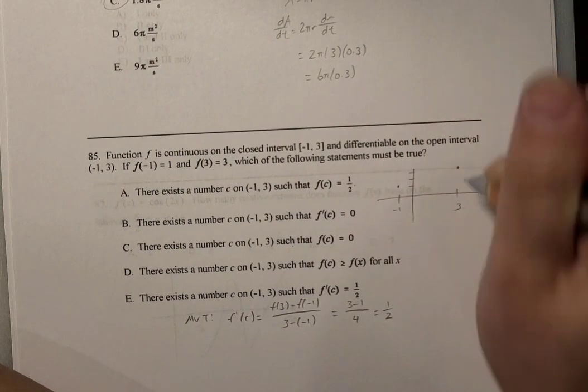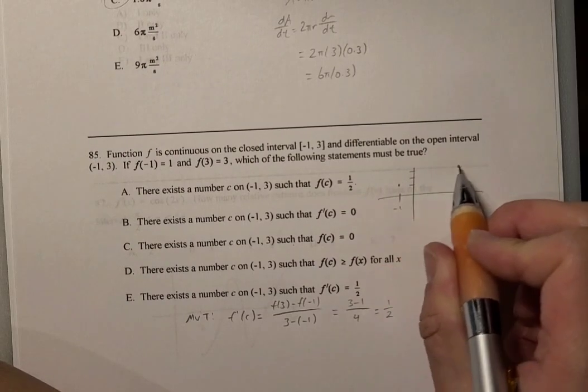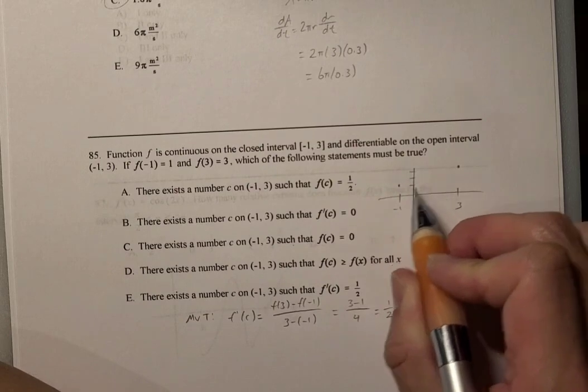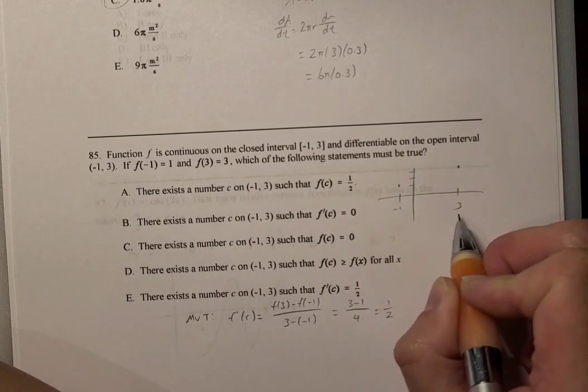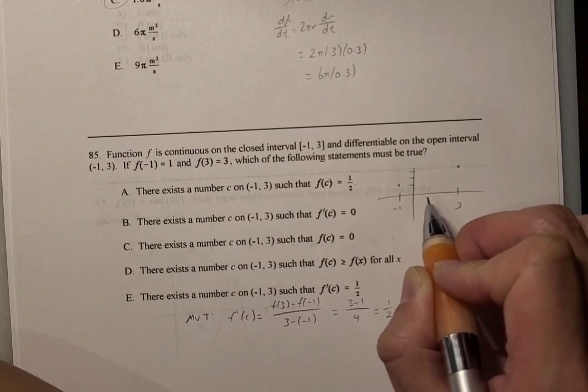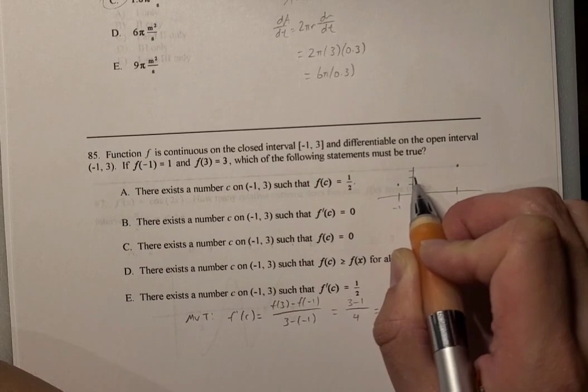Since it's continuous, it has to cross all values in between. So there will be some value of x between -1 and 3 such that the value at x would be, for example, 2 or even half.